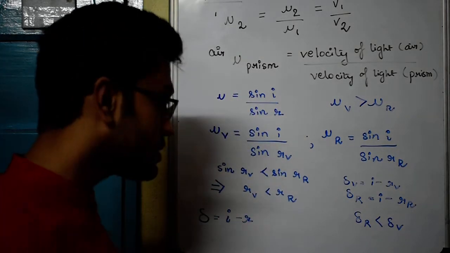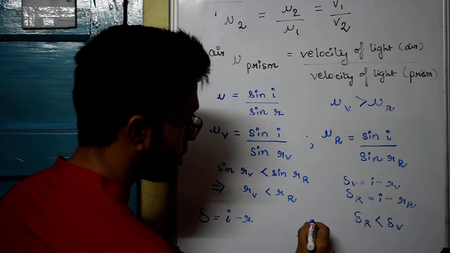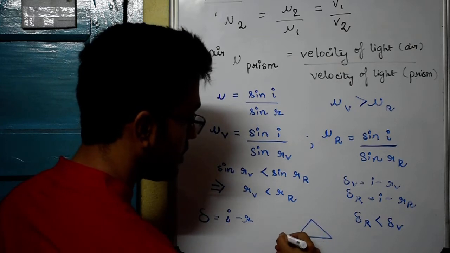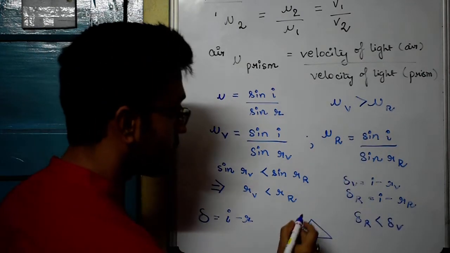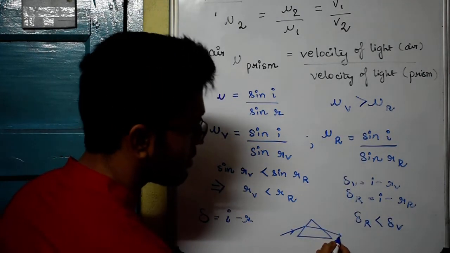As a result, in the prism that we did in the first lecture itself, when the light travels, violet has a bigger deviation, so it comes towards the base of the prism.